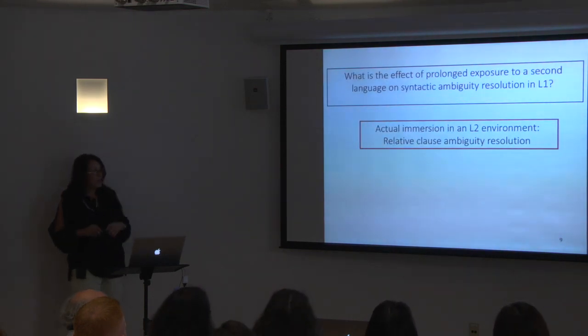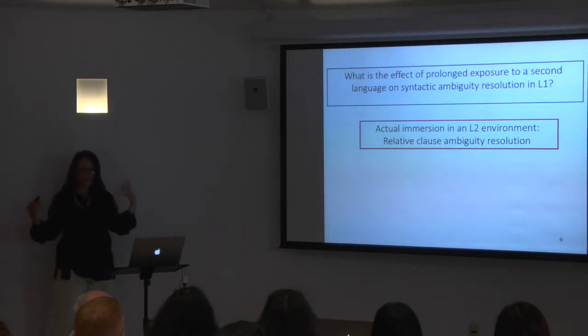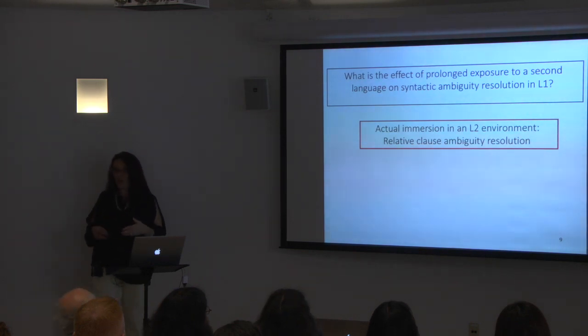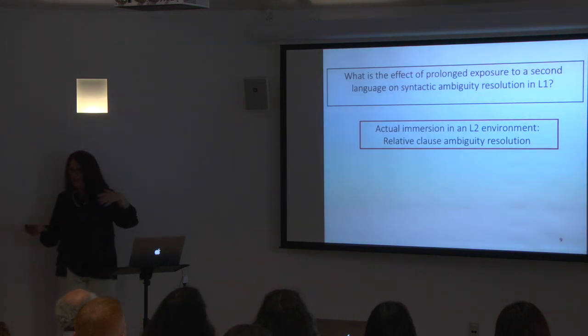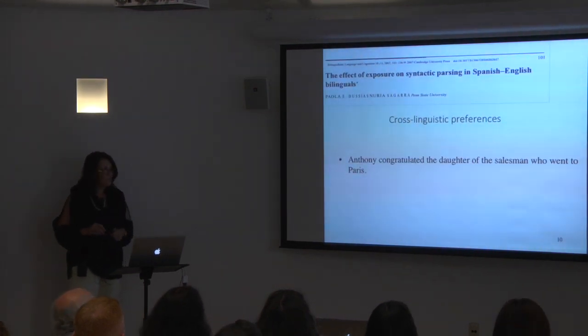So to start the first experiment, the overarching question here is, what is the effect of prolonged exposure to a second language on the first language system, and particularly on how speakers resolve what we call syntactic ambiguities. So let me give you an example of what a syntactic ambiguity is.